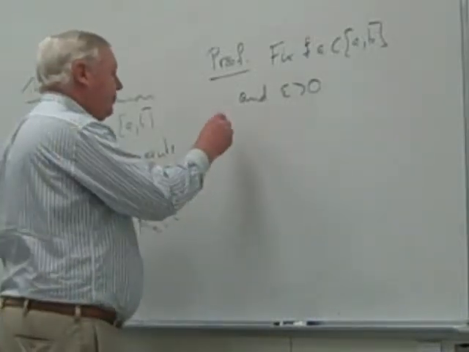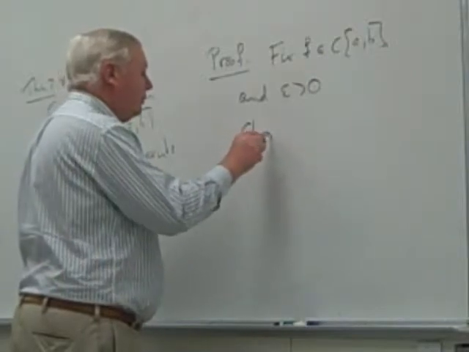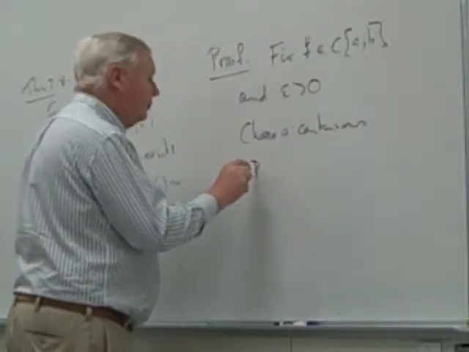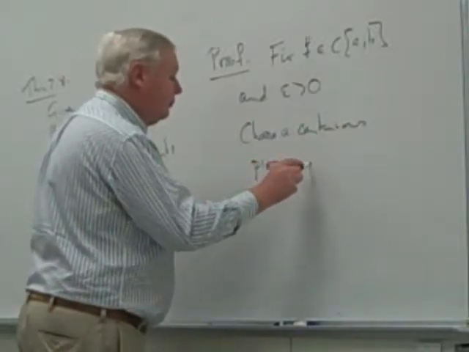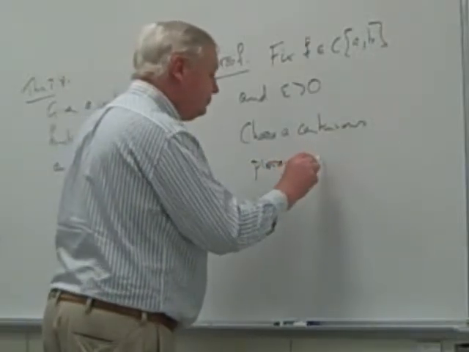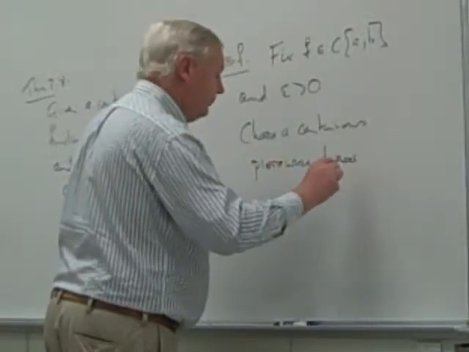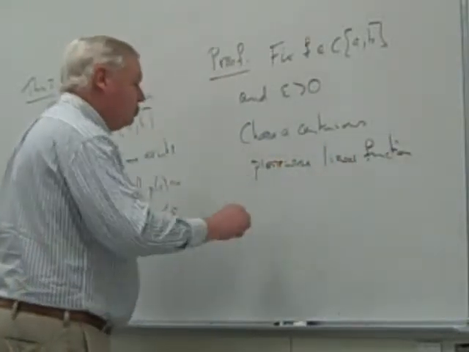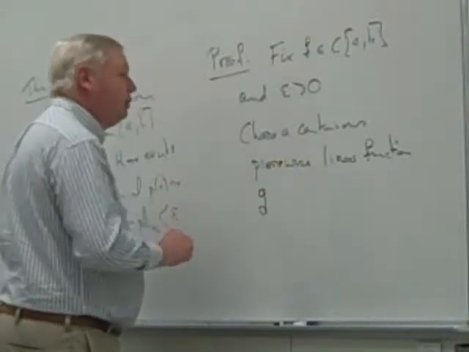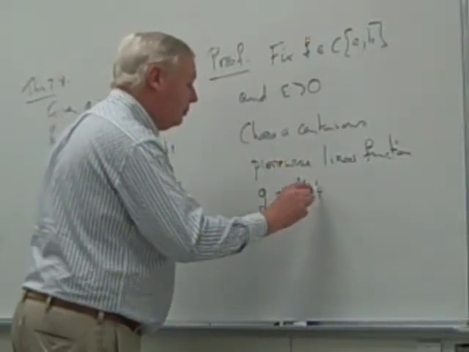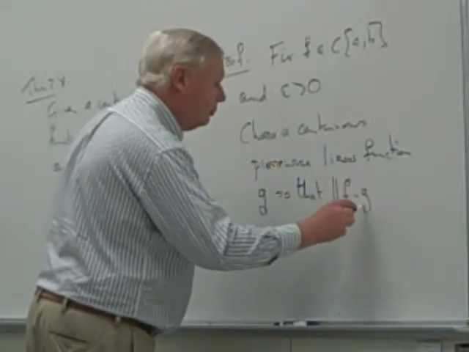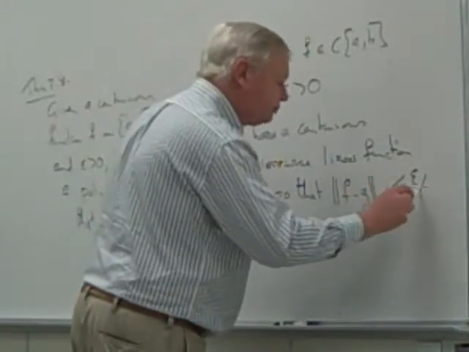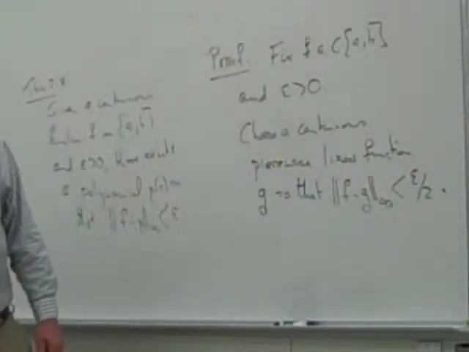So choose a continuous piecewise linear function g so that the infinity norm of f minus g is less than epsilon over 2.